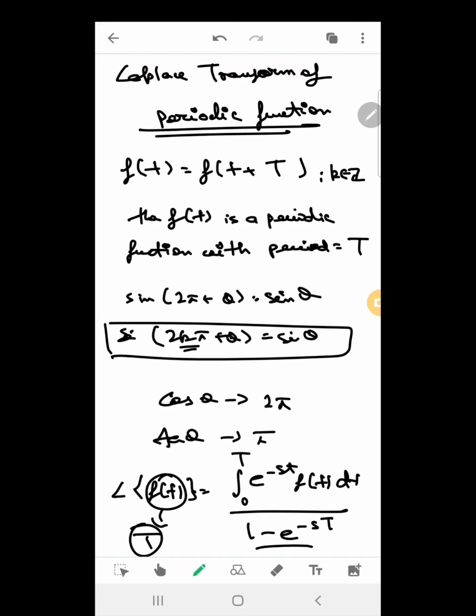Now we will understand the derivation of this particular concept. Clear? Okay, so let's move on to the derivation.